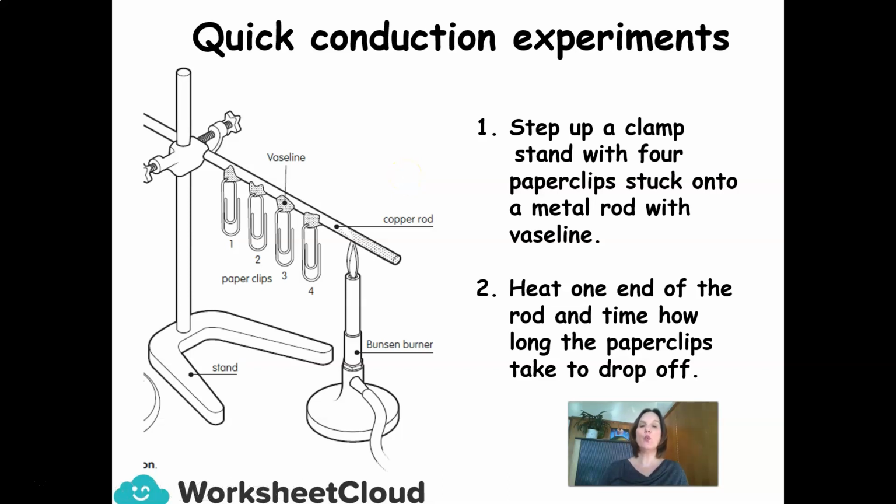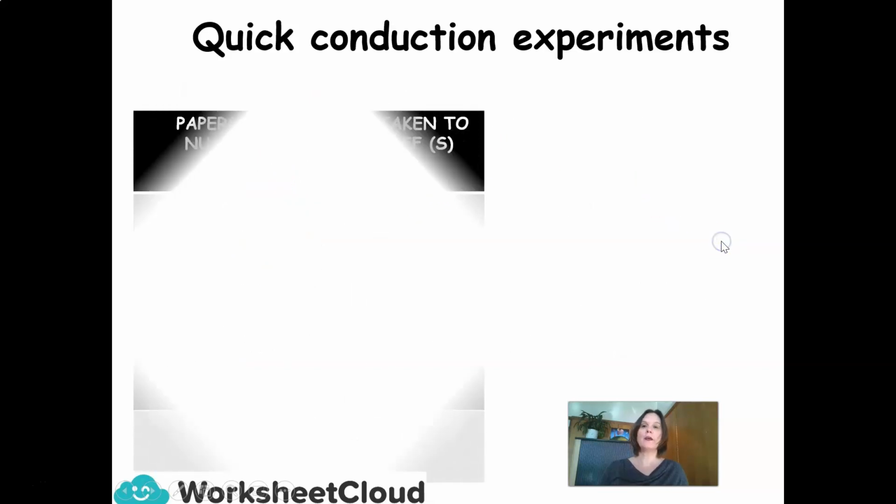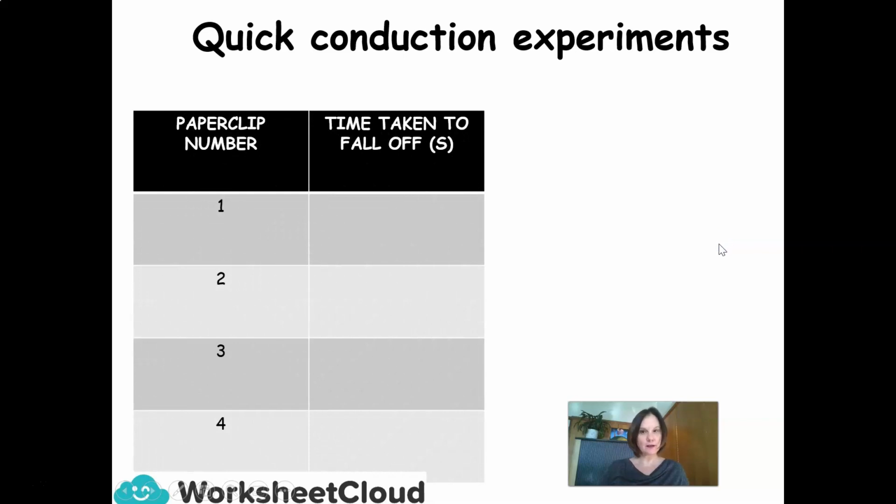You would heat one end of the metal rod with the Bunsen burner and time how long it takes for each paper clip to fall off the metal rod. So you would set it up like this in the classroom.